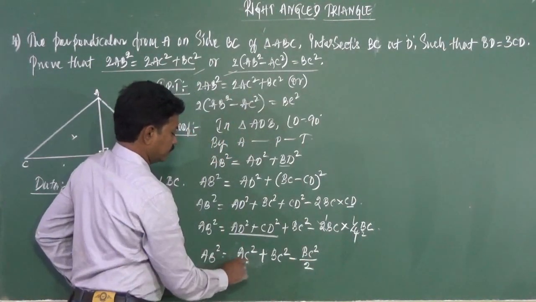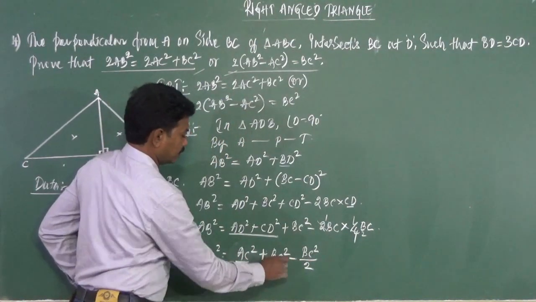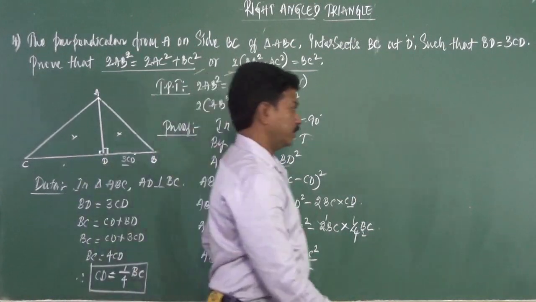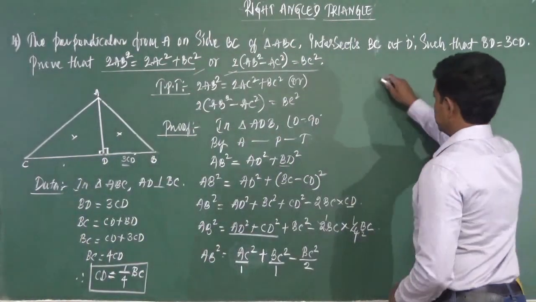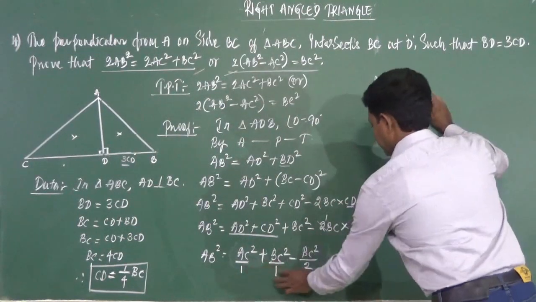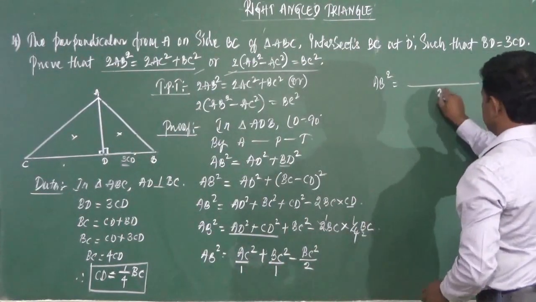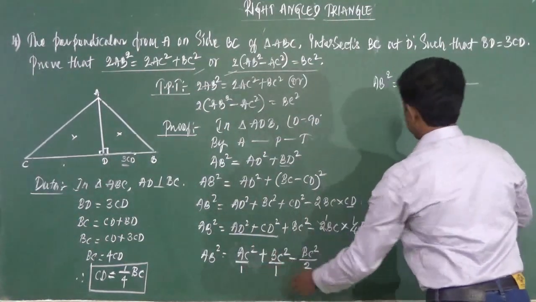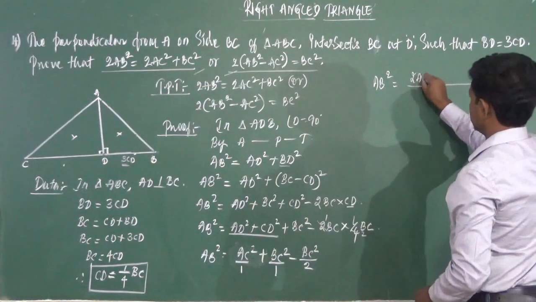So below this we have in the denominator 1, and below this we have 1 in the denominator, right? So AB square is equal to, for 1 and 2 we have 2 as the LCM here. So AC square by 1 into 2 is 2 AC square.